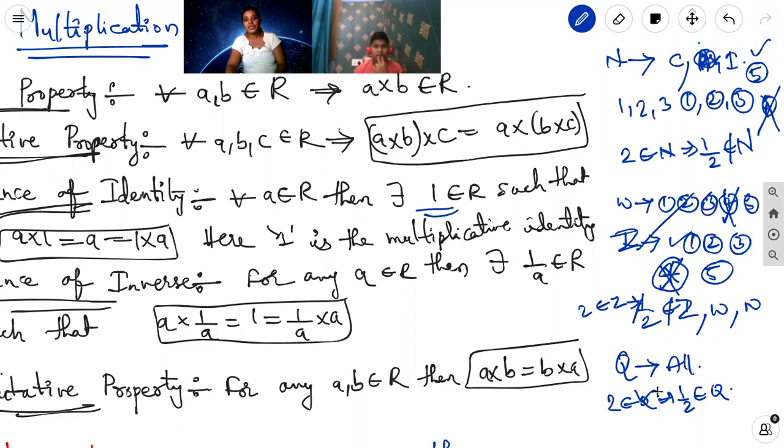Under multiplication, the rational number set satisfies all properties, but the other sets fail only the existence of inverse. The other properties are satisfied. That is the main thing you should remember. And in fill in the blanks, they will ask what is the additive identity and what is the multiplicative identity.